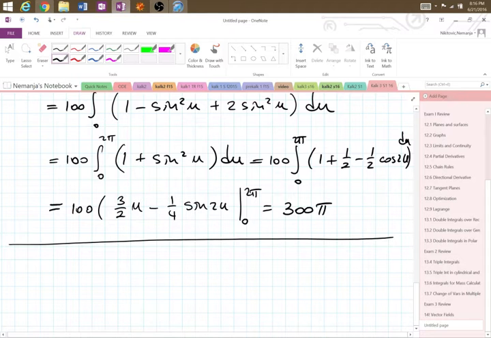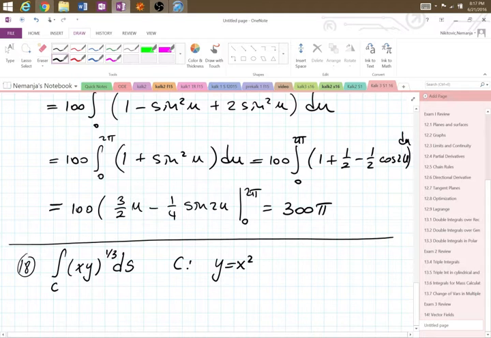So here, let's go with number, let's say 18. It says integrate the line integral of xy raised to the 1/3. They could have just put in cube root there. The curve C is the curve y equals x squared from 0 to 1 for x.